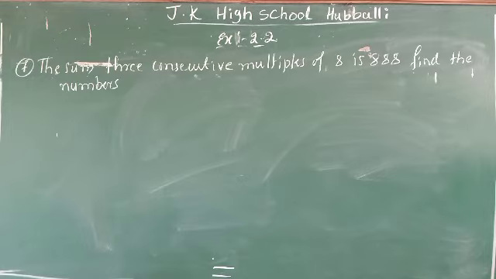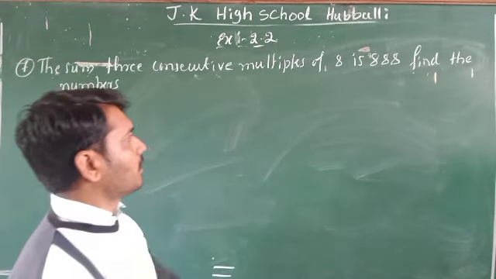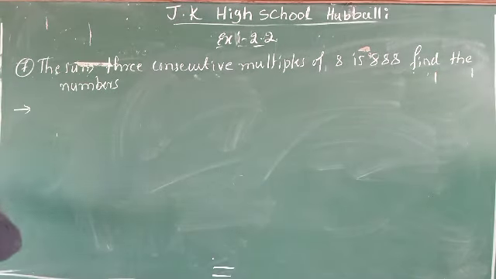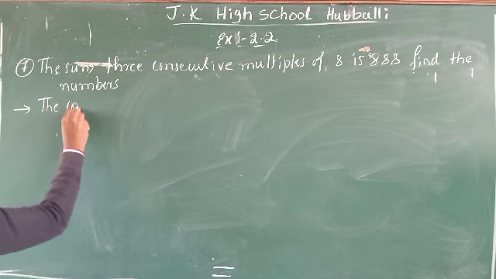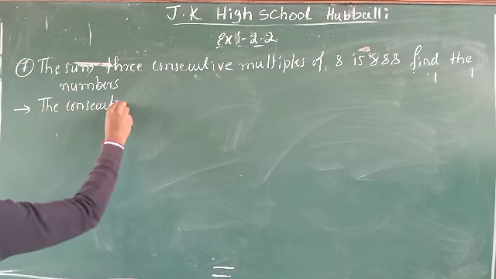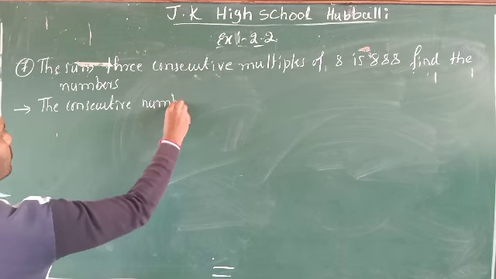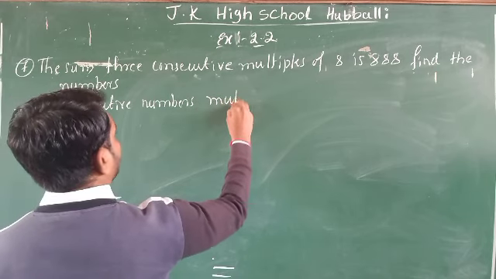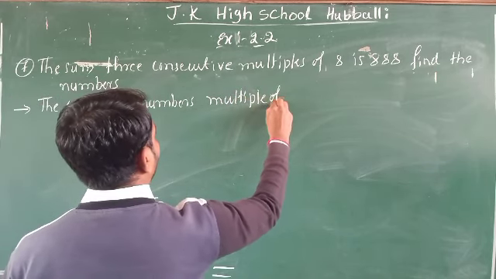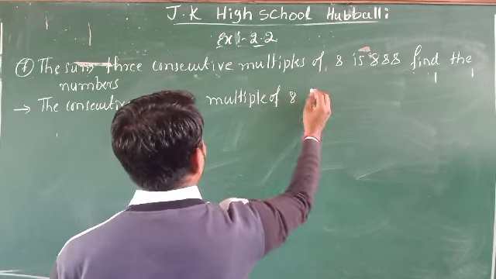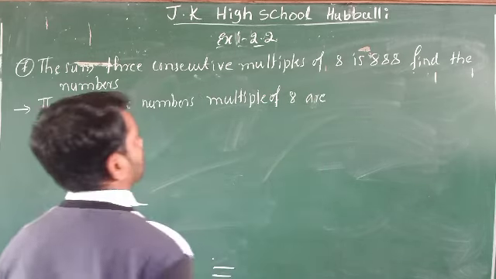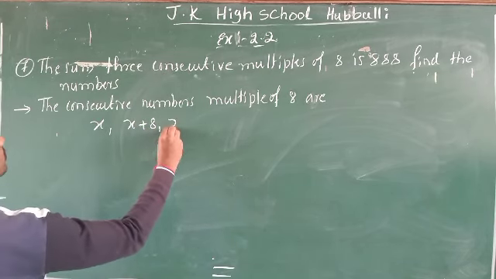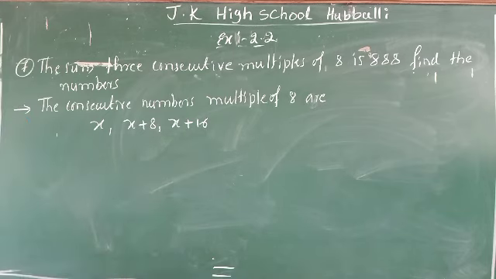Okay. So here also he has given the multiples of a number, but the numbers should be multiples of 8. How to take them? First one. The consecutive multiples of 8 are, so what all things will come? x, x plus 8 and x plus 16.